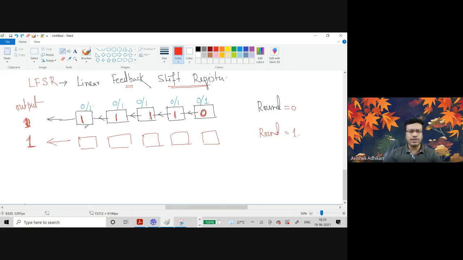If I call the matrix C, then C0 is basically this box, C1 is this box. What I'm going to do is that I have some feedback connections like this.